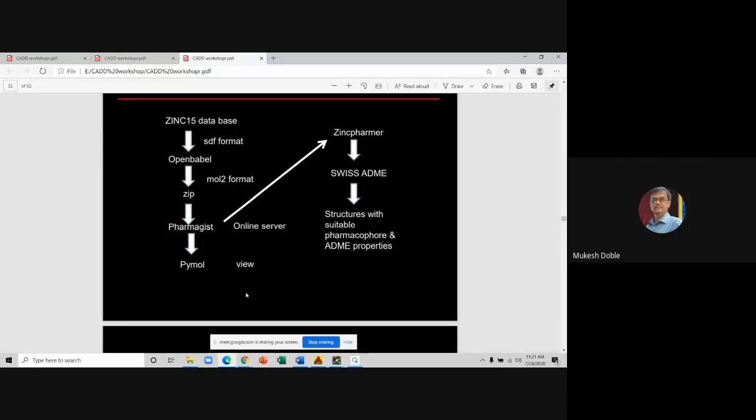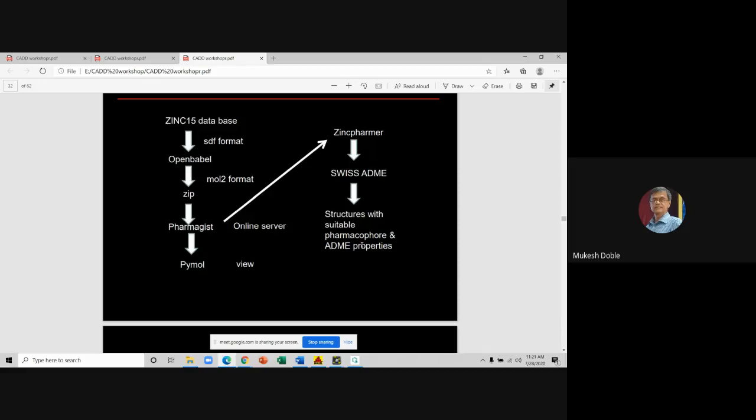So if I look for a similar feature in my database, three acceptors at about 8 angstrom, two of them close, 1.3 angstrom apart, and if I find some molecules, probably those molecules may also have cyclooxygenase 2 inhibition property. So that is the logic. What do we do? There is another server called ZincPharmer, so we have to use that to do the search.